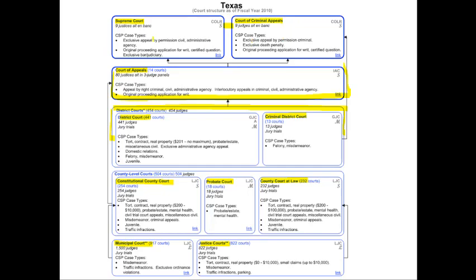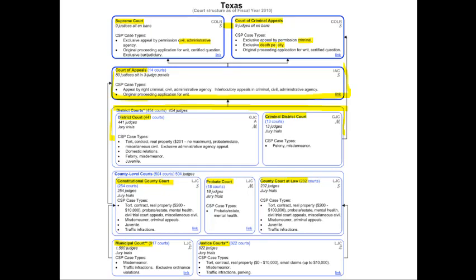So what they may be doing here is separating different types of cases into the Court of Criminal Appeals, as opposed to a Supreme Court over civil, administrative, and constitutional issues, with the other court particularly hearing death penalty cases and things like that, capital cases.